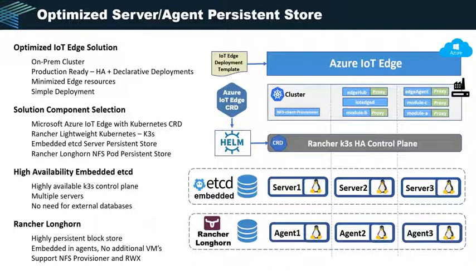And similarly for the agents, Rancher has a product called Longhorn that provides persistent store for the agents. Again, it's HA and it runs across the multiple agents, and provides multiple PVC types for persistent store for the edge agent. And that was important because if you recall the daemon, the IoT Edge daemon, it requires persistent store.